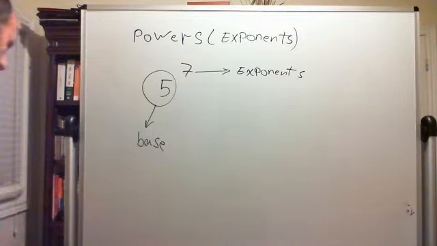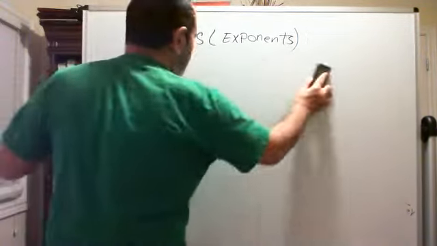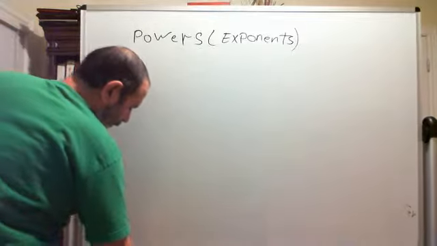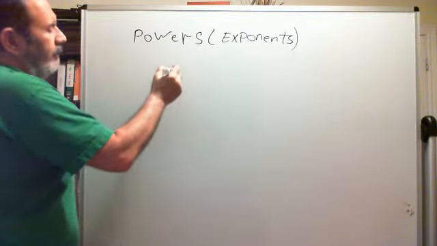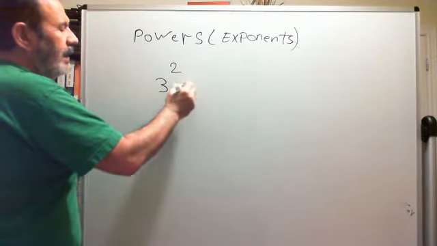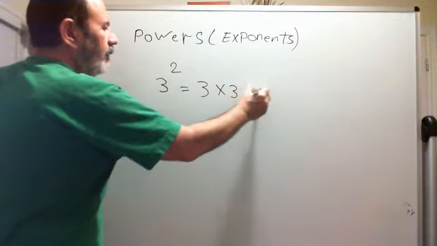Let's do some examples. What is 3 to the power of 2? It means 3 multiplied by itself 2 times, which is 9.